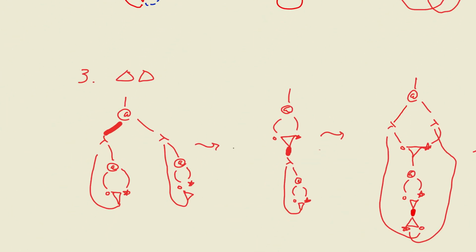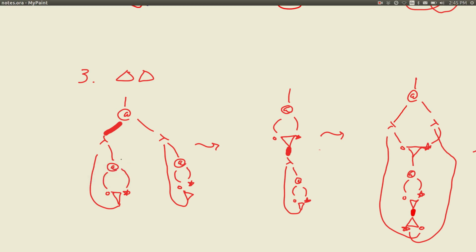Now, what about delta applied to delta, which we expect to be a non-terminating term, of course. So what happens there? Well, first we do this link right over here, and so this application is moved up here. As you draw these, you're rearranging your graph to try to make it look a little nicer as you go.